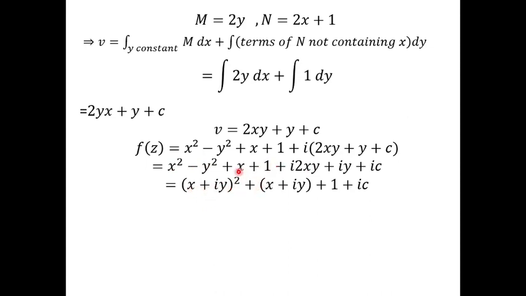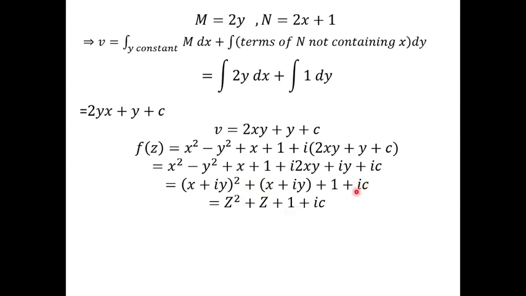Next plus x plus iy, we group like that because x plus iy represents z. Therefore we write x plus iy. Remaining is 1 plus i into c. Now x plus iy is z. Z square plus z plus 1 plus ic. What is 1? 1 is a constant.